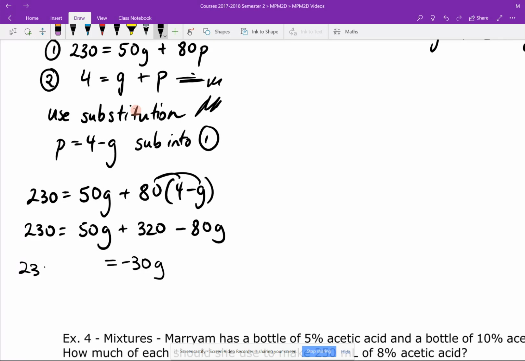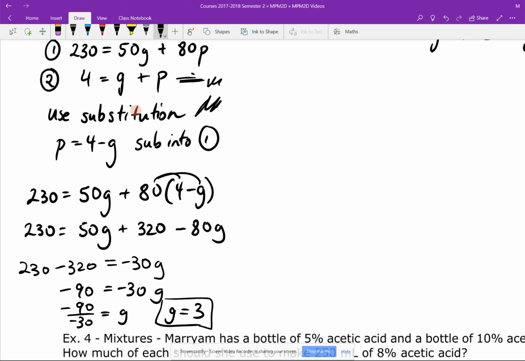And if I subtract 320 from both sides, 230 minus 320 is negative 90, equals negative 30G. If I solve for G, I divide both sides by negative 30, and I get G equal to 3.